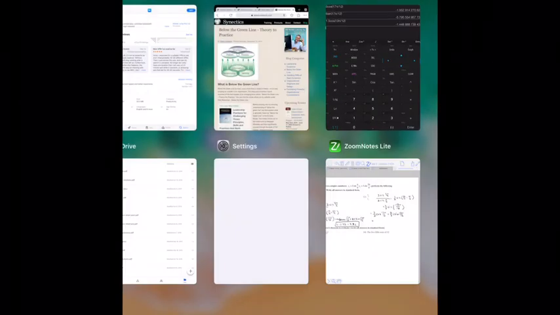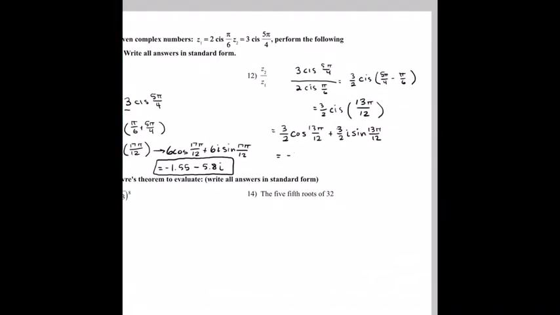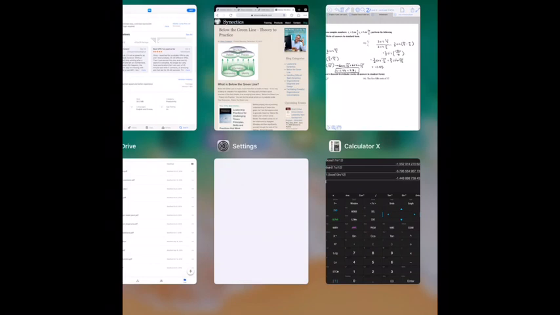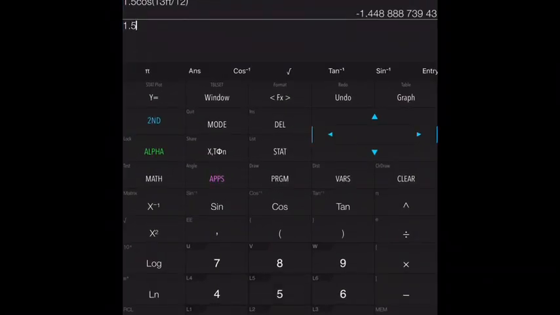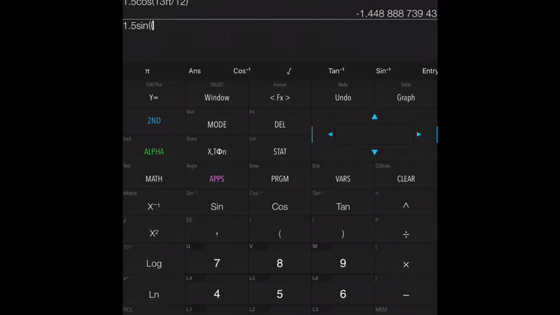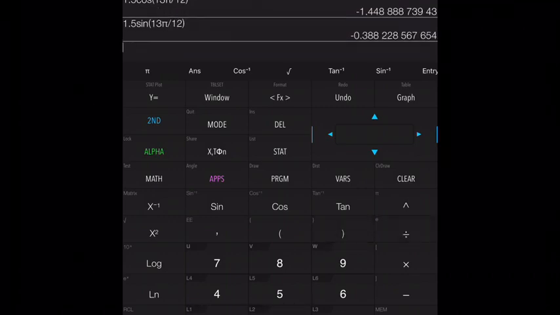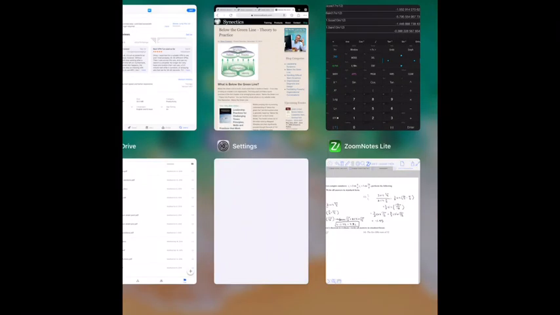It's negative 1.45. And then 3/2 times the sine of 13 pi 12ths is negative 0.39.